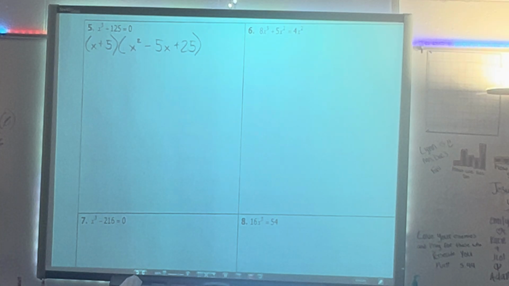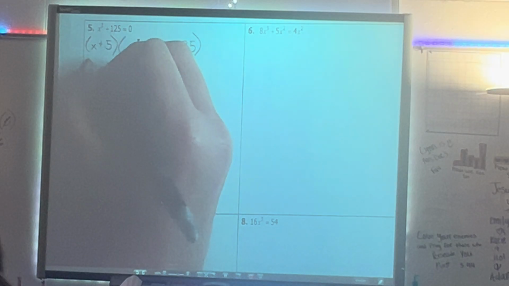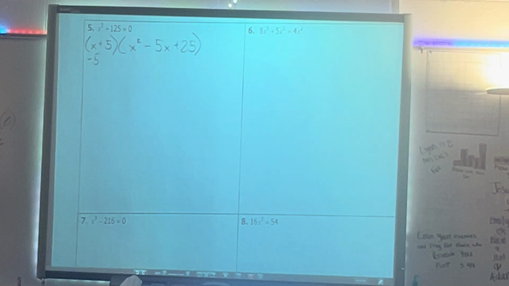We remember the pattern. Okay, now this one right here is pretty straightforward. We know this is going to be negative 5. Everybody okay there? Okay, so here's the problem that we have at this moment: that trinomial back there will not factor. Because I told y'all when we take the sum of cubes or the difference of cubes, the trinomial that's left over won't factor.